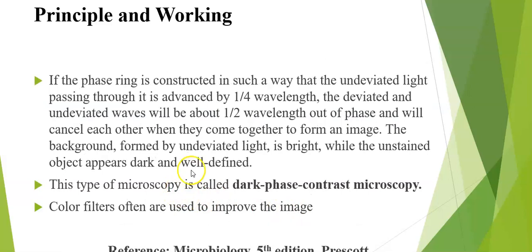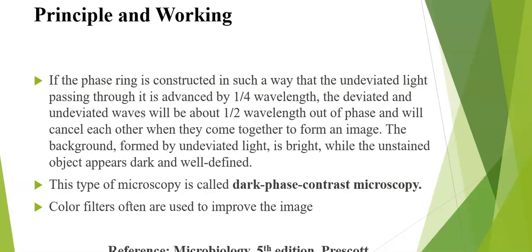If the phase ring is constructed in such a way that the light which is not deviated passing through it is advanced by 1/4 of a wavelength, the deviated and the undeviated waves will be about 1/2 of a wavelength out of phase and will cancel each other when they come together to form an image.